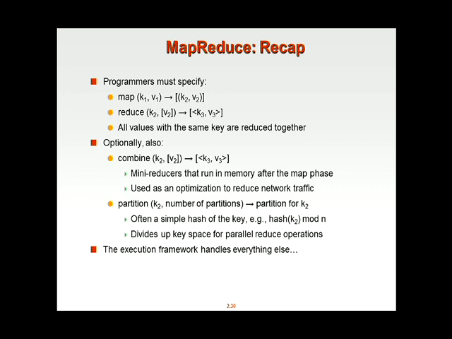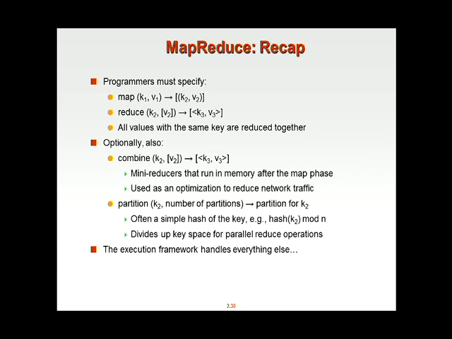And often it's just a simple hash function of the key. So in the labs and also in the examples in our lecture, we just use this hash partitioner. But in some very few cases, you can define your own partitioner in order to control load balance.